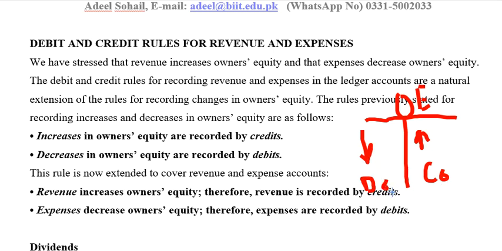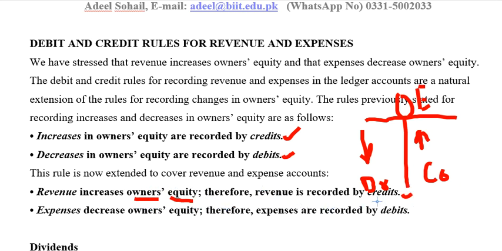Fine, it was already discussed when we were defining the rule. Similarly, increase in owner equity is recorded by credit, and decrease in owner equity is recorded by debit. But the rule is extended to revenue and expense. Revenue increases the owner equity, therefore revenue is recorded by credit.